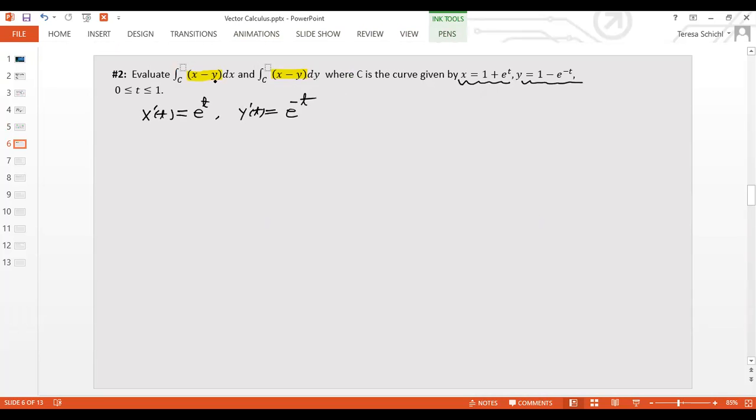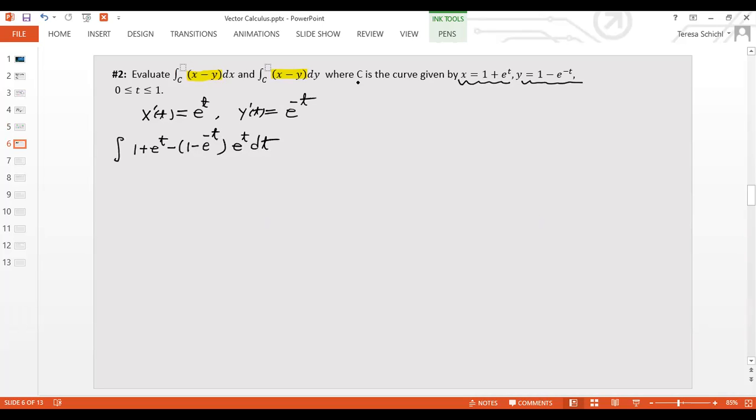Okay, so let's take a look at the integral of (x minus y) dx. So x is what? This will be 1 plus e^t minus 1 minus e^(-t), right? And dx is e^t dt.